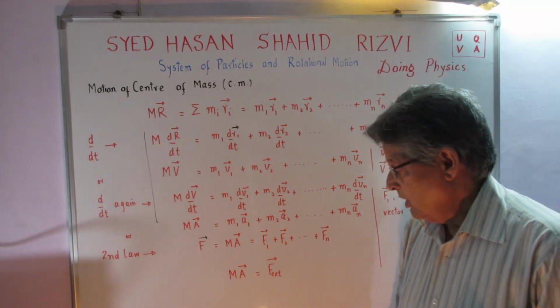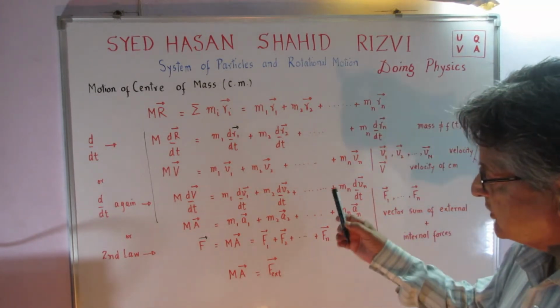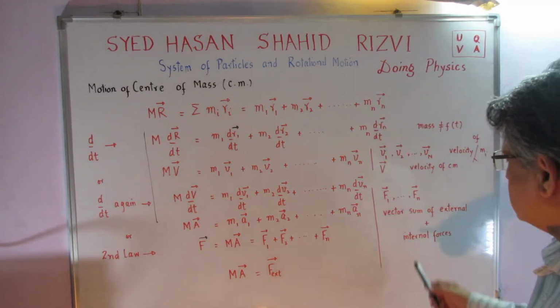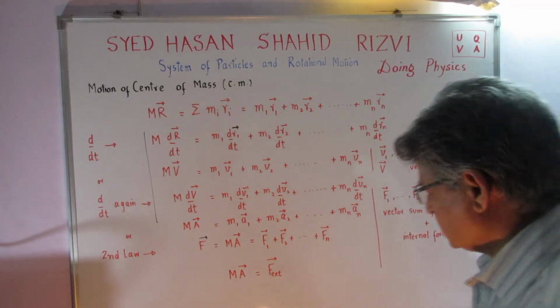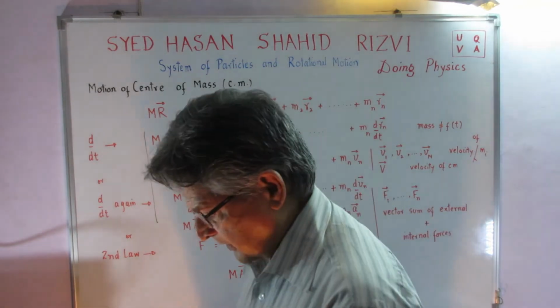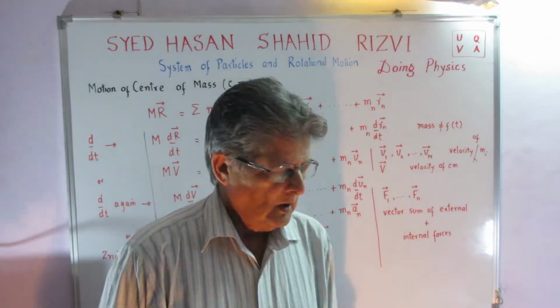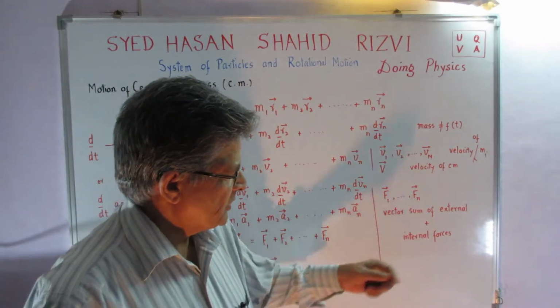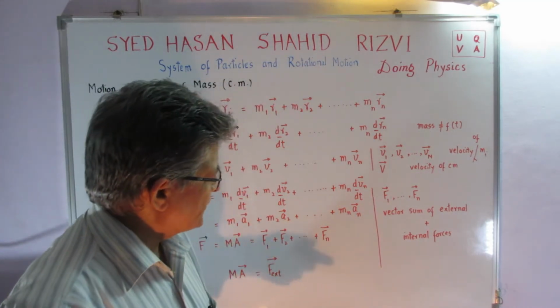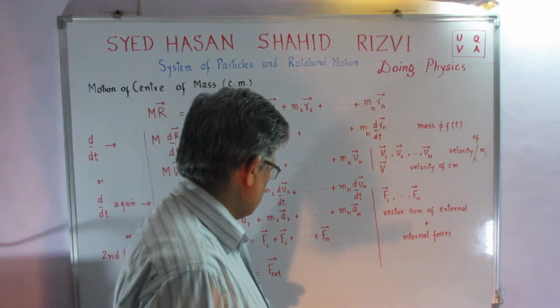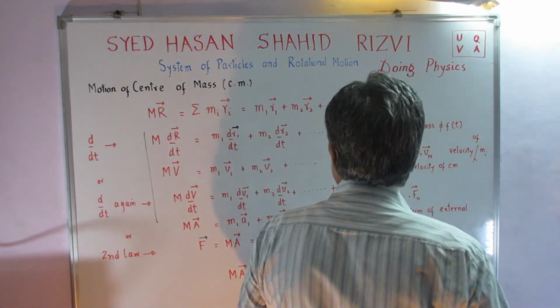And we know that it is the external forces that matter. So these are vectors of external and internal forces, and internal forces, of course, cancel out each other. So it is external forces, and I can write this relation M A is equal to F external.